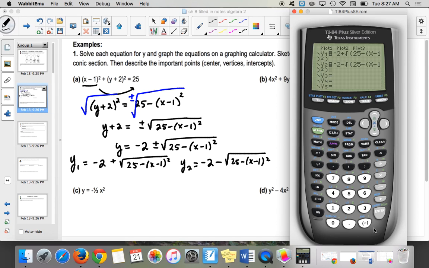When you hit the square root button, it automatically puts that parenthesis there, so that's ending it for the inside of the square root. You don't need to do that very last one. All right, and then we can hit graph. So when we hit graph, it's going to graph both parts of that. So when I hit graph, it does that part, and then it does that part.